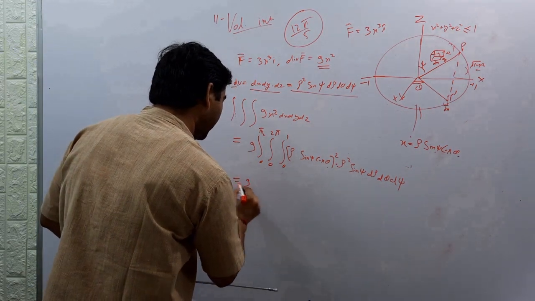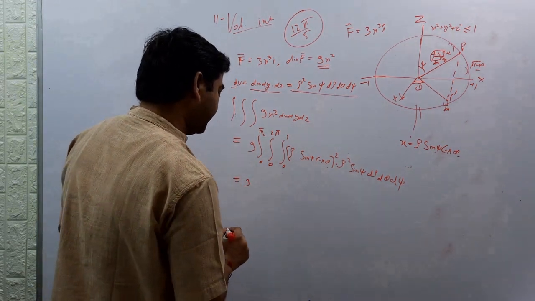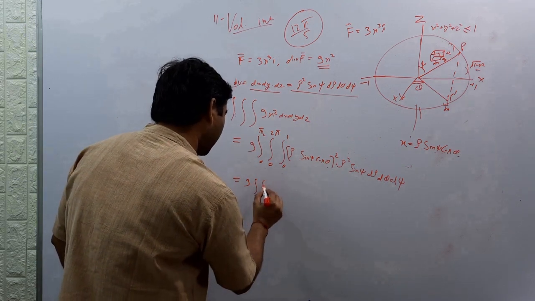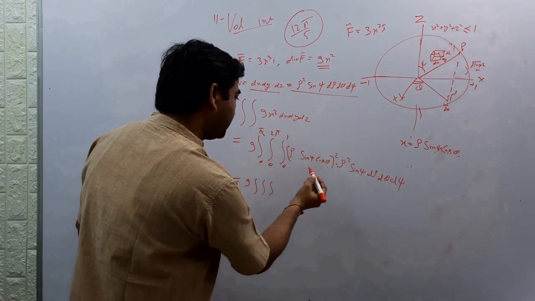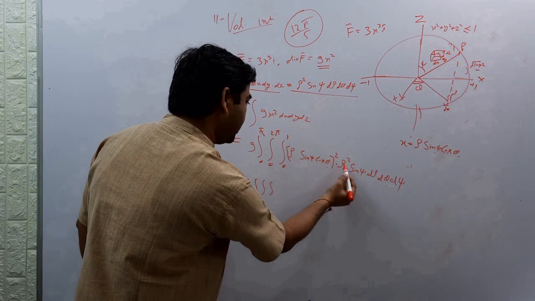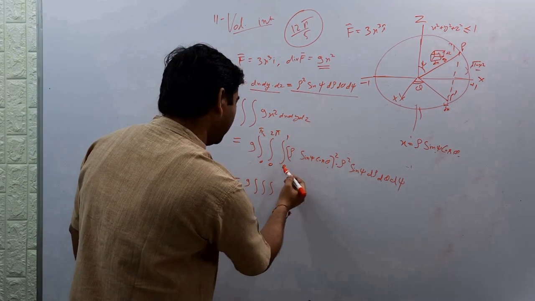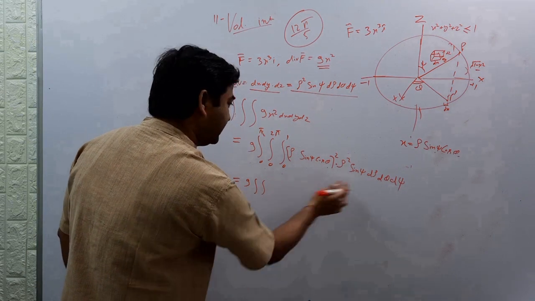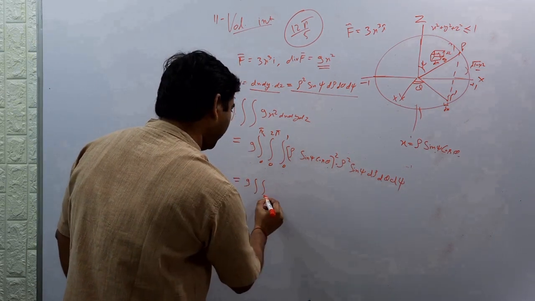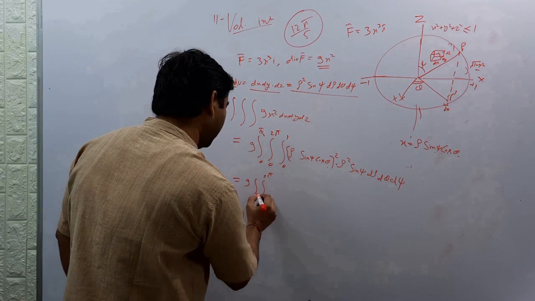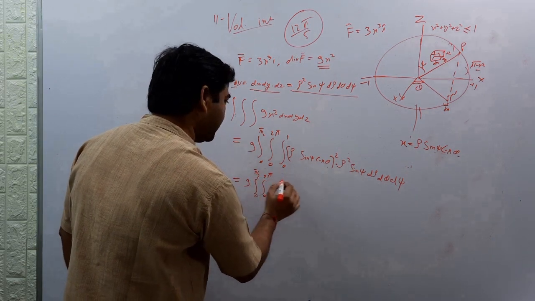This you can write as 9, integral of rho squared into rho squared, and we will integrate with respect to rho first. The limits are 0 to 2 pi, 0 to pi by 2.